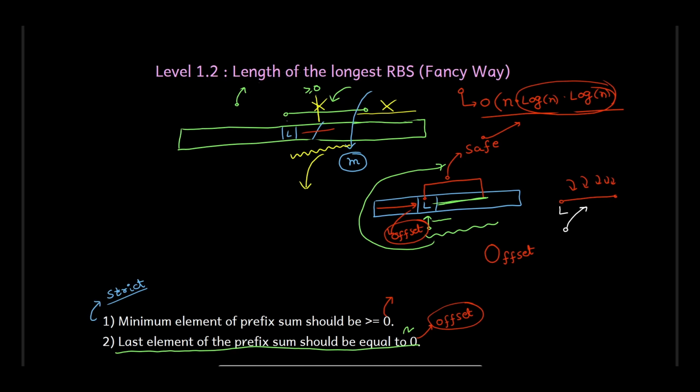So then coming back to our original problem, how do you find out the longest subarray that is an RBS but starts at L? So everybody in this safe zone satisfies the strict criteria, that is, they are greater than or equal to offset. But now they must satisfy the weak criteria, which is that they should be equal to offset. Only then will they be a candidate. And how do you do that?